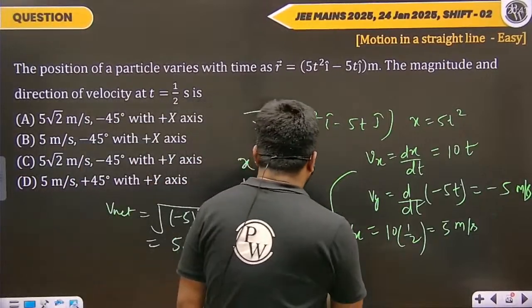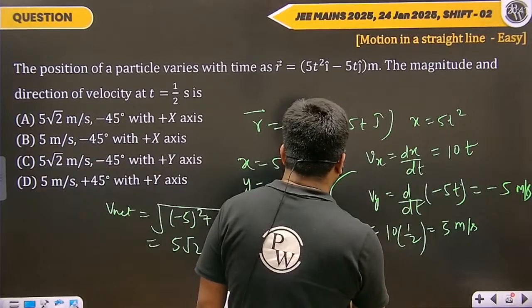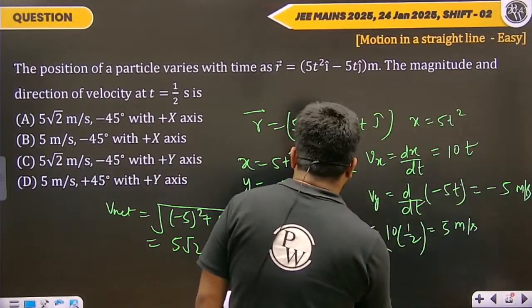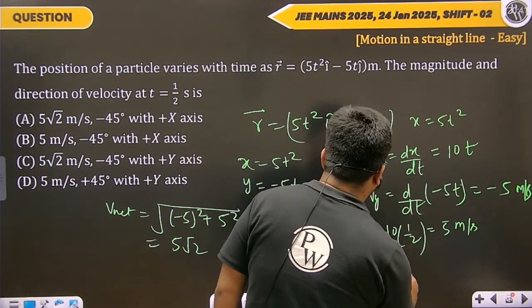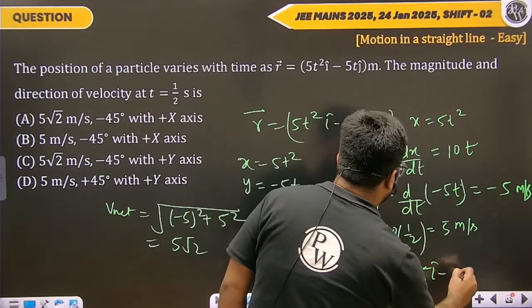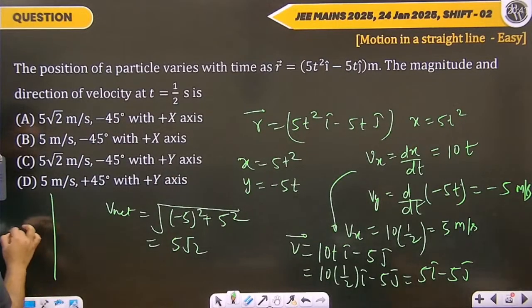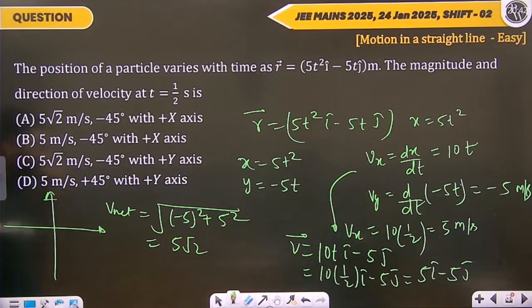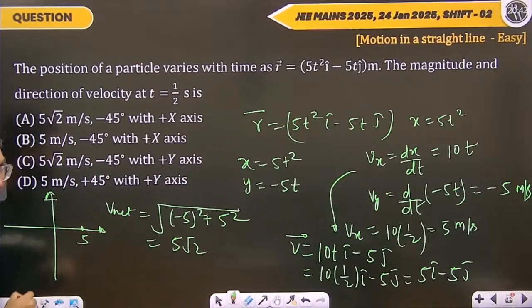When we write V vector, we can write V vector is 10t i cap minus 5 j cap. 10 into t is half, so 5i minus 5j. So it is 5 and this is minus 5.